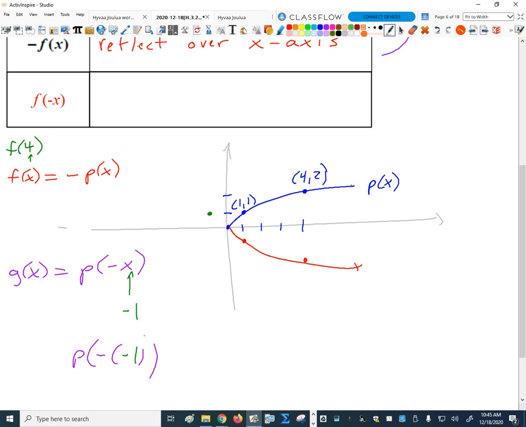If I feed it a value of negative 4, we're multiplying that input by negative 1. So negative 4 is positive 4. I get an output of positive 2. So what was the effect of that? If I multiply x inside the function by negative 1, what did it do? Reflect over the y-axis. Yeah, that's it. It just reflects it over the y-axis.